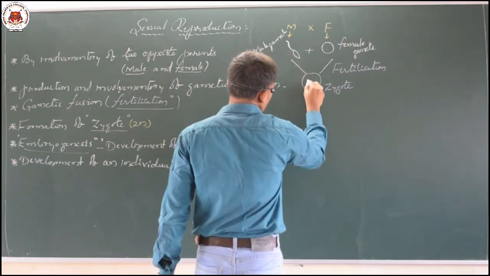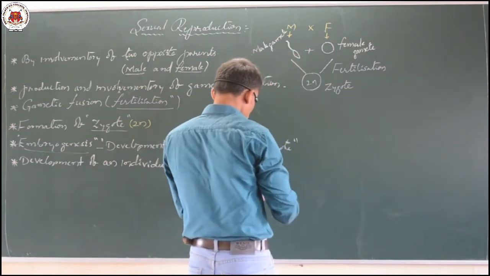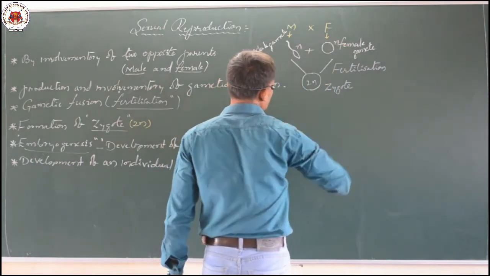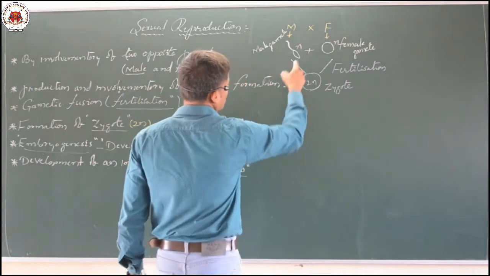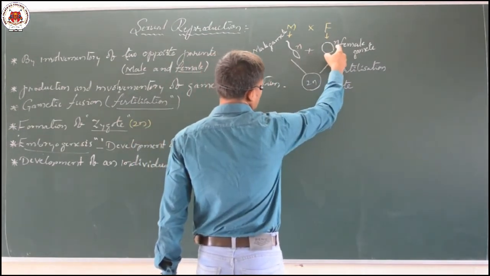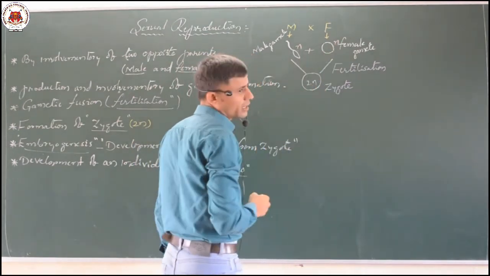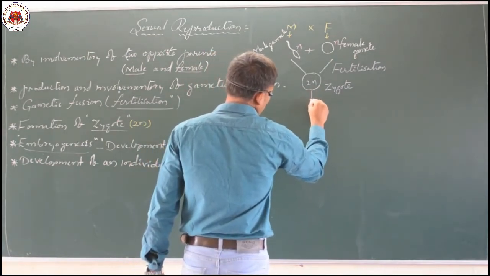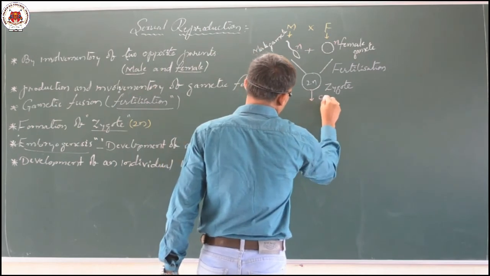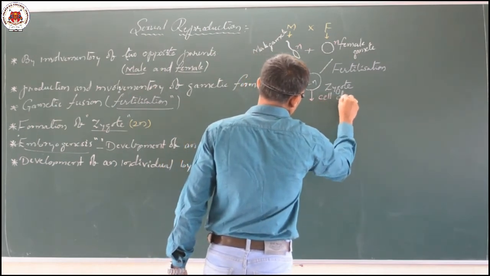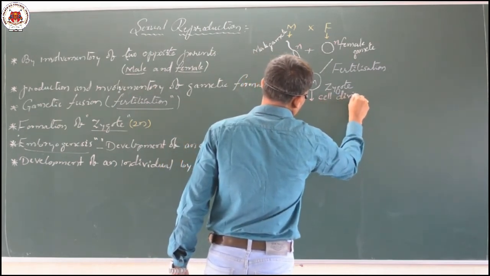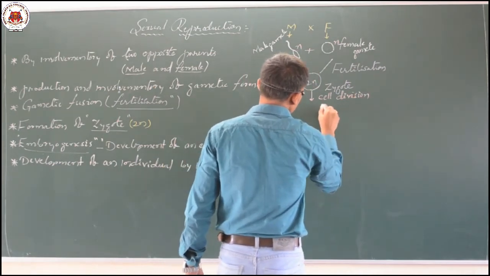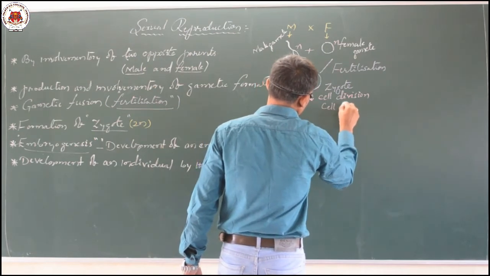This is a 2n condition because these gametes are in a haploid condition. By n plus n, a 2n results. Then the zygote undergoes cell division and cell differentiation.